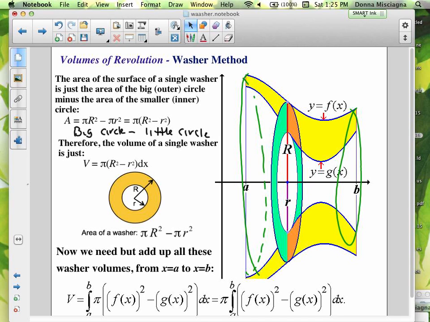The radius is the outer function minus the inner function. So it's large circle minus small circle, times pi, of course, because these are circles. So our formula is pi times the integral from a to b of f of x squared minus g of x squared, where f of x is the outer function and g of x is the inner function.